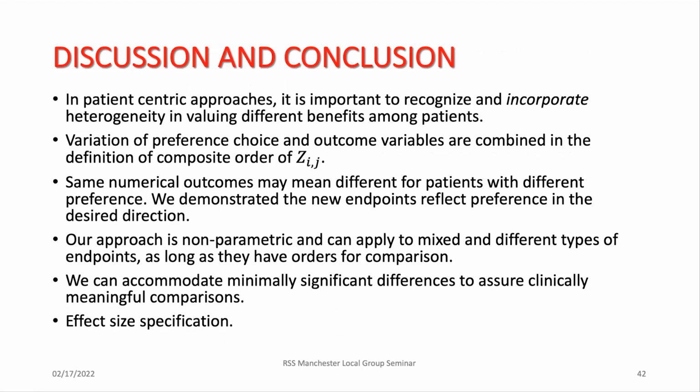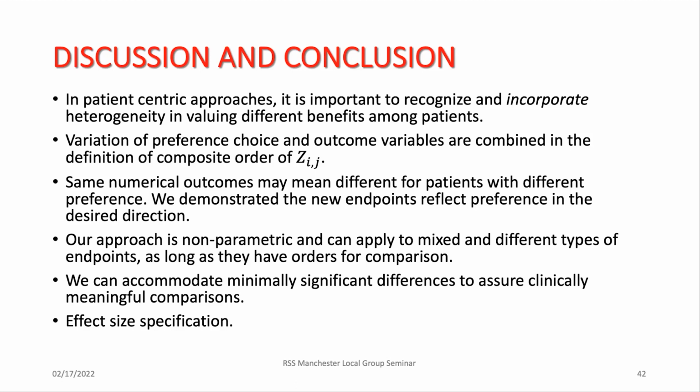So these are the main results that I presented. I want to do a quick discussion so we have some time to hear your comments. This is a patient-centric approach. It is really important to recognize and incorporate the different values of patients. The variation of preference, choice, and outcome variables are combined together in this composite endpoint. As a result, similar numerical outcomes may mean different things to patients, and all variables reflect the patient preference in the right direction.